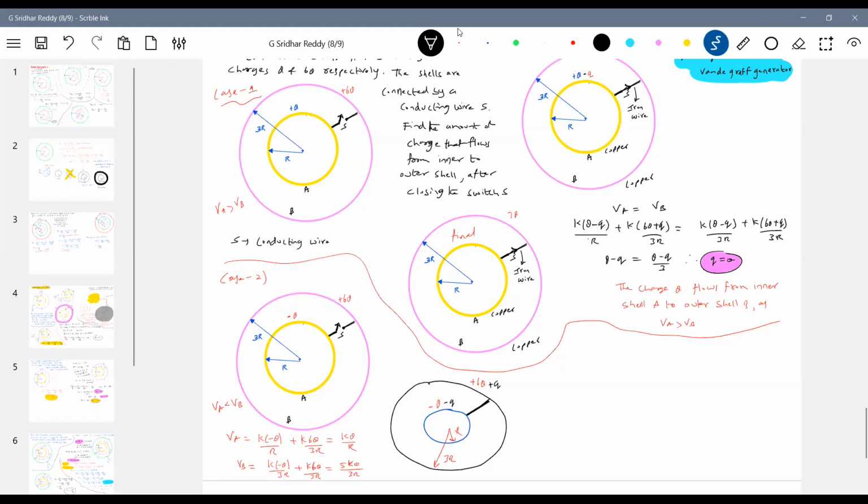Let's solve again, since they're connected by a wire, no? Iron wire. So the potential of shell A and B must be equal.